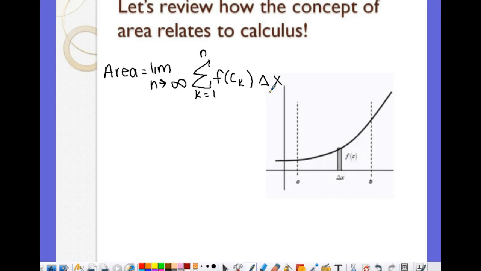So we said that the area was actually a limit, but then we said that that limit is actually an integral. And we moved away from the limit notation and into integral notation. So if we were finding the area of this graph, it would have gone from a to b.